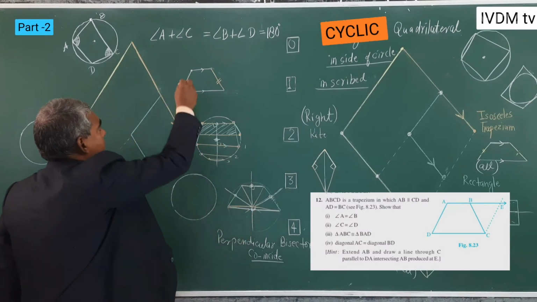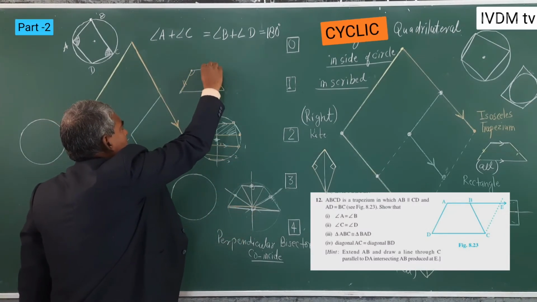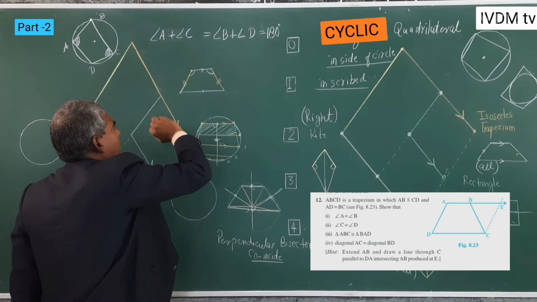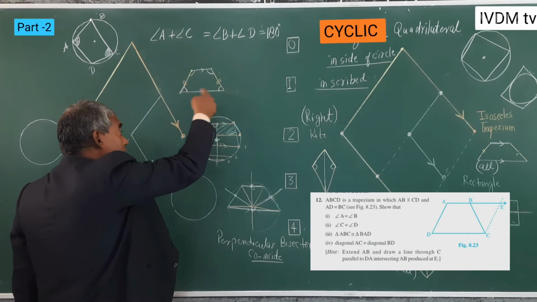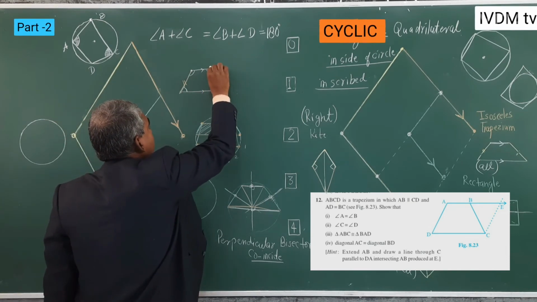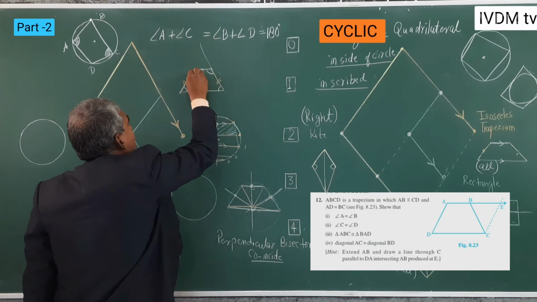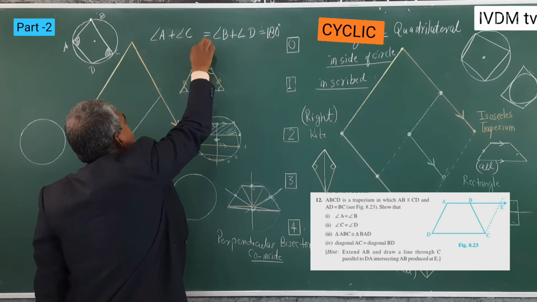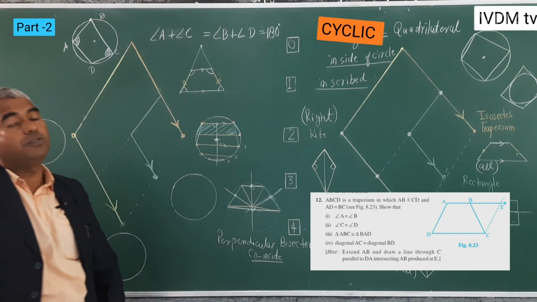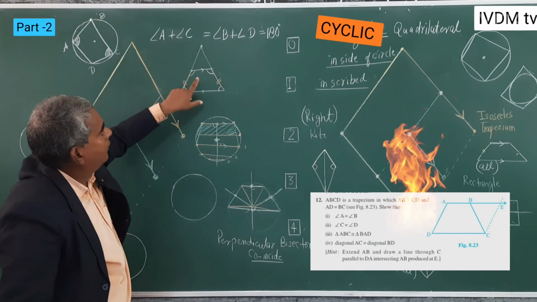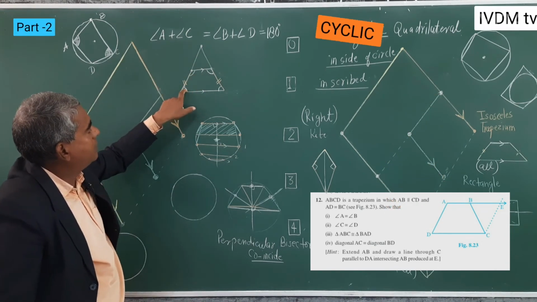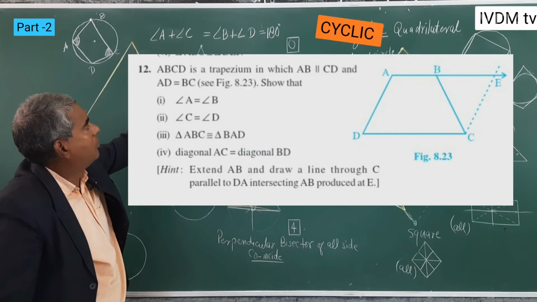Because in this case this angle is equal to this angle, and these angles are equal to this one. It is called an isosceles trapezium because if you extend it this way, you will have an isosceles triangle, where this is equal to this, and this is also equal to this.